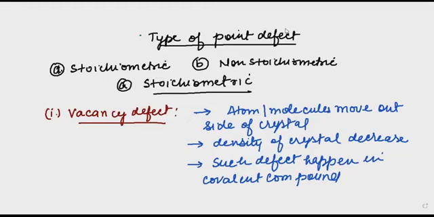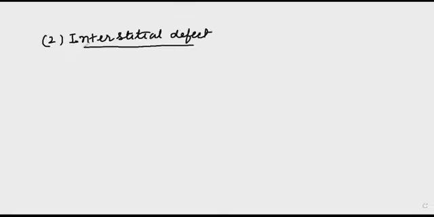Now, after that we are coming to the next one in the same stoichiometric defect. The second one is interstitial defect.